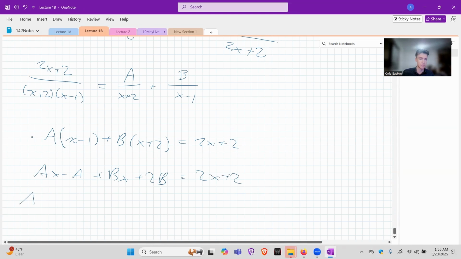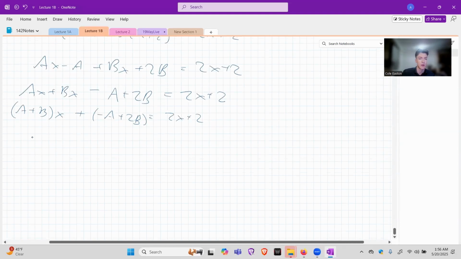I'm going to move those x's together, ax plus bx minus a plus 2b equals 2x plus 2. And so I have a plus b x, we could say plus negative a plus 2b, equals 2x plus 2.